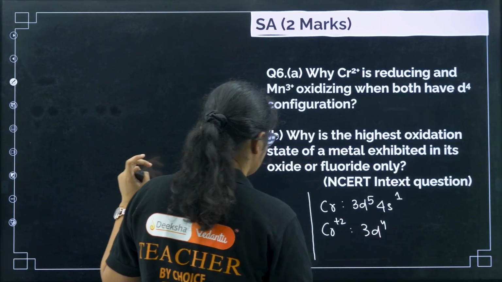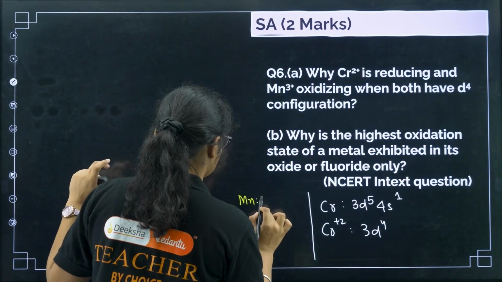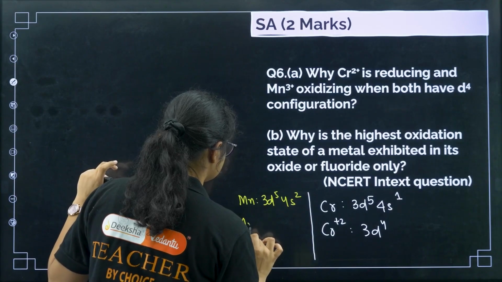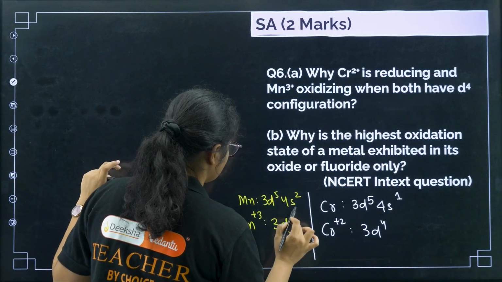And for manganese, the configuration is 3d5 4s2, and manganese+3 is 3d4.